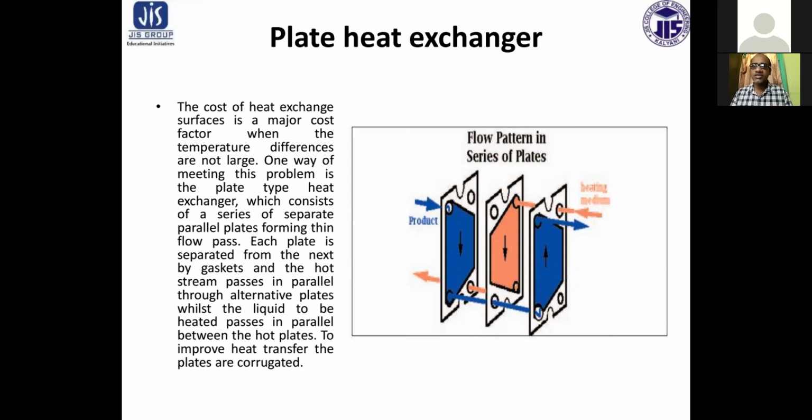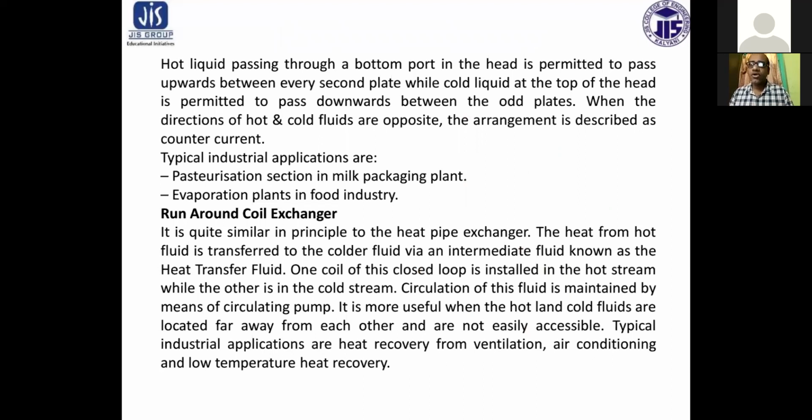To improve the heat transfer, the plates are corrugated. That means the plates have some surface roughness to increase the heat transfer. Hot liquid entering at the bottom of the head is permitted to pass upward between every second plate, while cold liquid at the top of the head is permitted to pass downward between the hot plates.